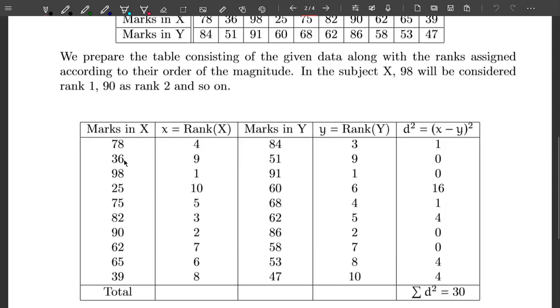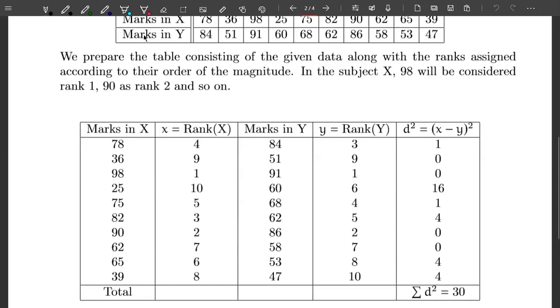Similarly, the next highest mark here is 90, so that student will get rank number 2. Like that, if you write the ranks for all these marks obtained here, these are the ranks. The last rank will be assigned to the student who has scored 25 marks.